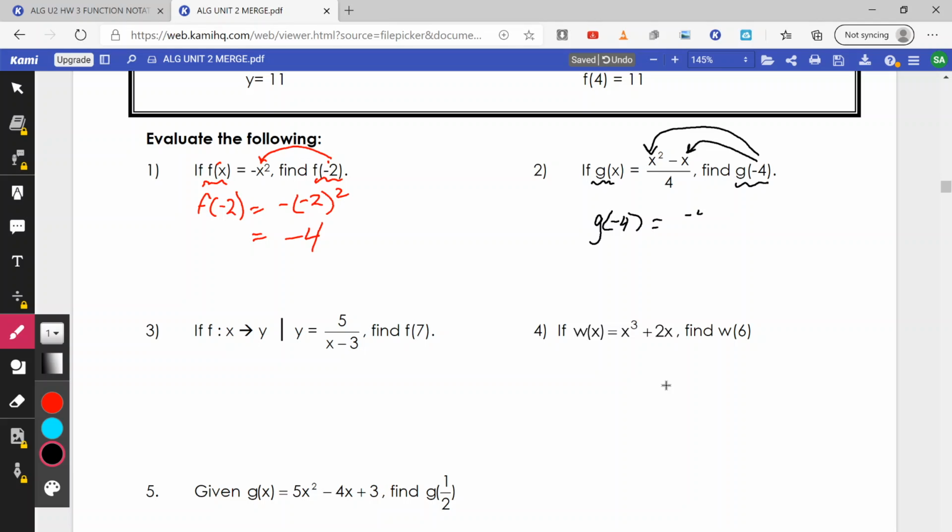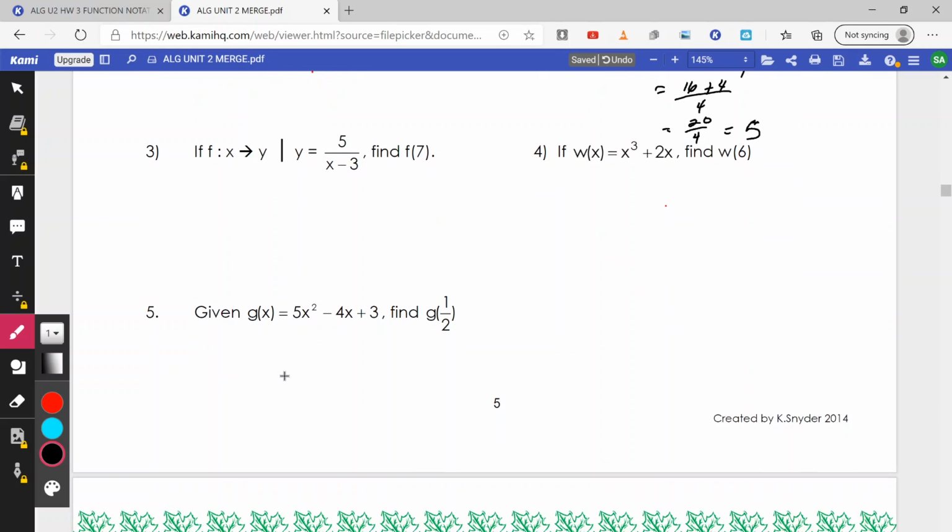So I have negative 4 squared minus negative 4 over 4 here. Well, negative 4 squared gives me 16. Minus a negative, I plus 4 over 4. 16 plus 4 is 20 over 4, which gives me 5. So g of negative 4 ends up being 5.